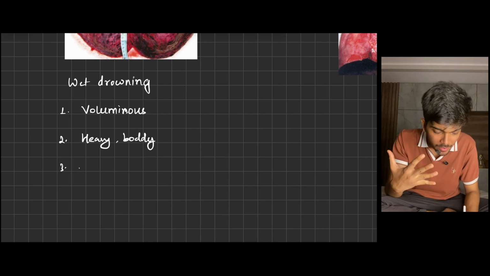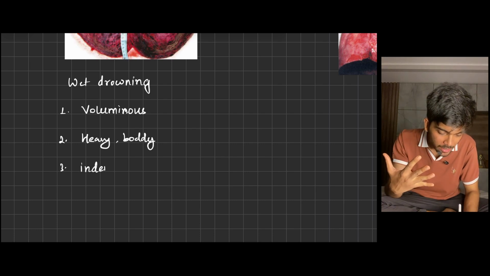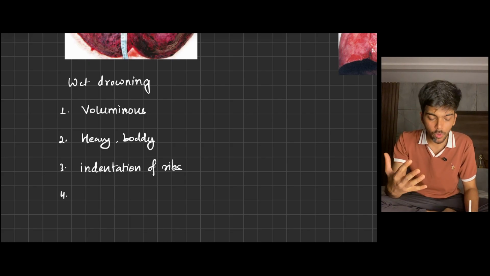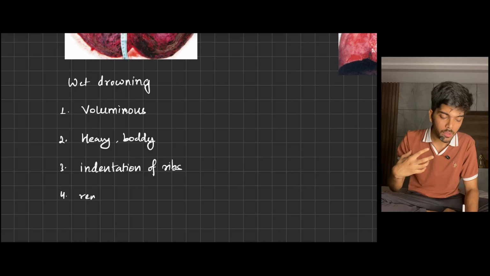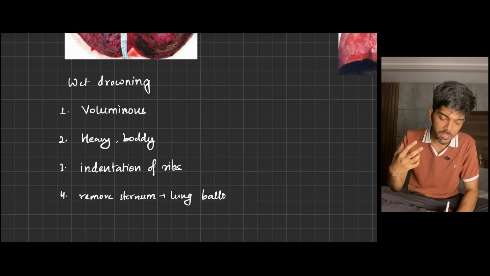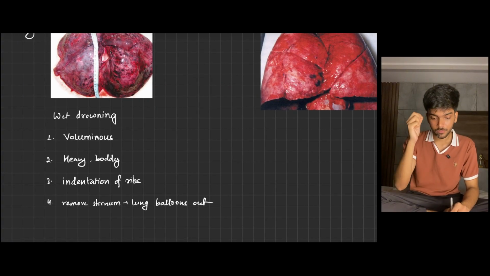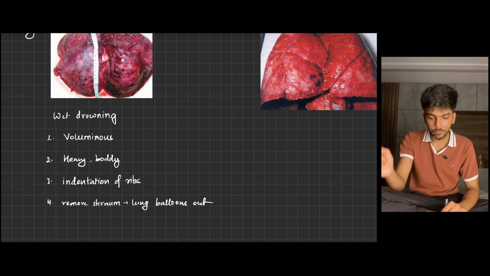So you will have indentation of ribs or the rib marks. Number 4, when you remove the sternum during dissection, the lung balloons out. It balloons out on its own. This is what you get in case of wet drowning.